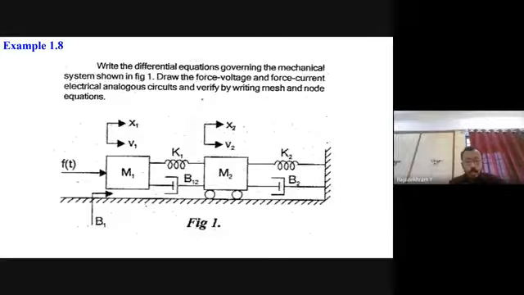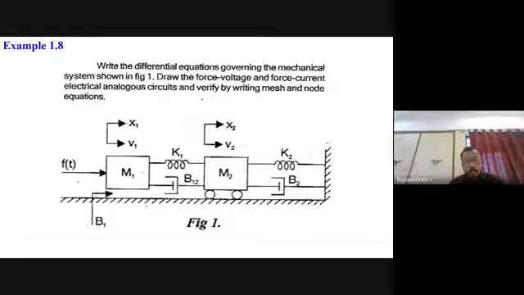M1 and M2 in the mechanical system are two nodes. In the electrical circuit diagram also, you have to convert the nodes into meshes or loops. Two nodes means there should be two loops in the electrical system. That is called the force voltage and force current electrical analogy. You finish this diagram. Shall I move on to the next slide?